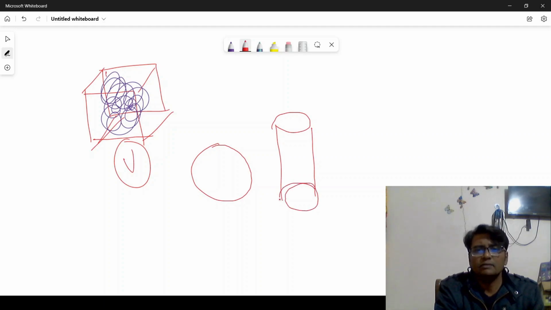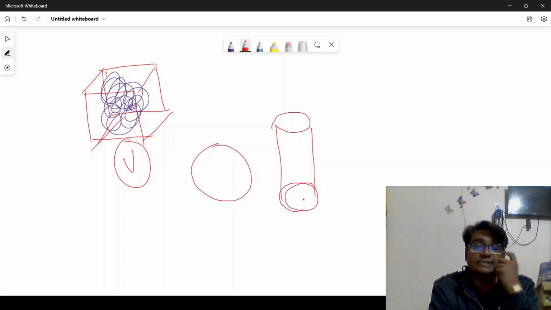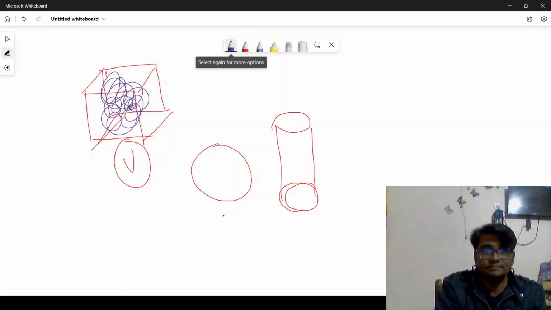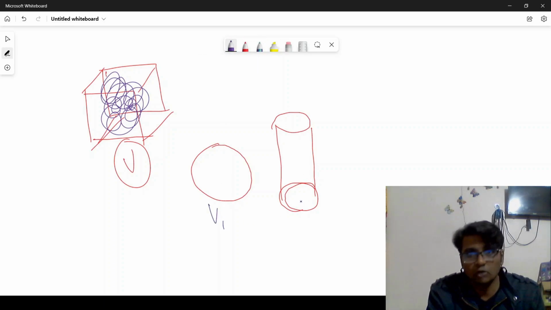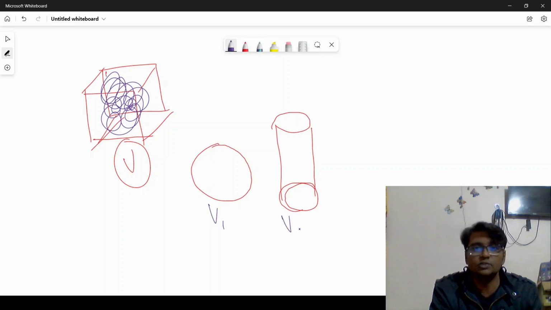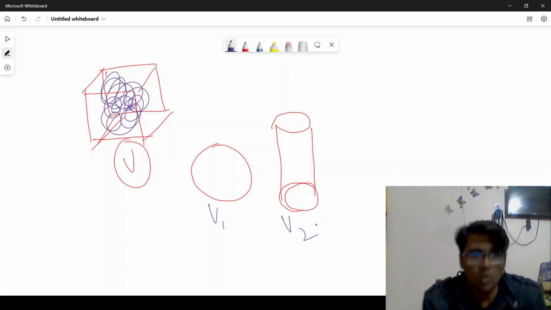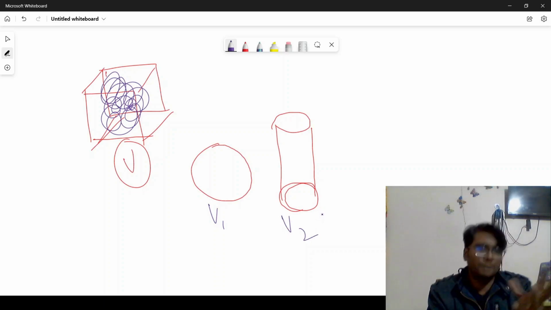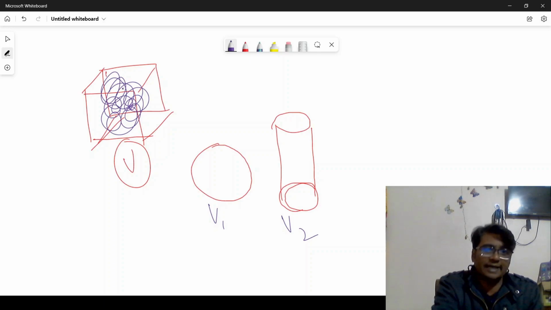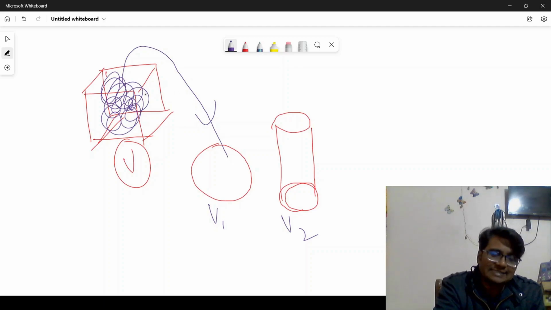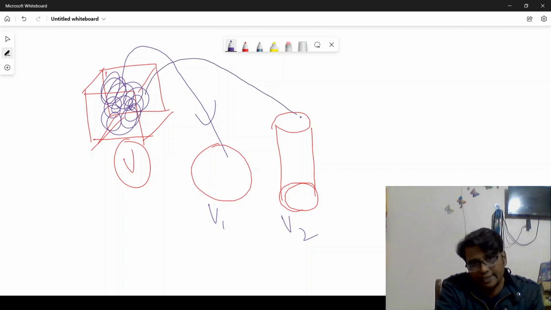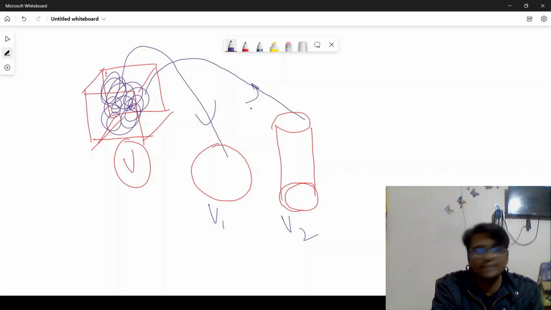The volume of the spherical shape container is V1, and the volume of the cylindrical shape container is V2. Now, if I pump this volume V gas inside this spherical container and the same volume of the gas inside this cylindrical container, तो हमारा सवाल ये है कि इसके अंदर कितना वॉल्यूम ऑफ द गैस है.